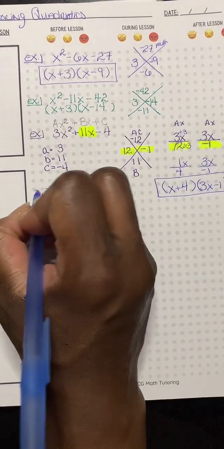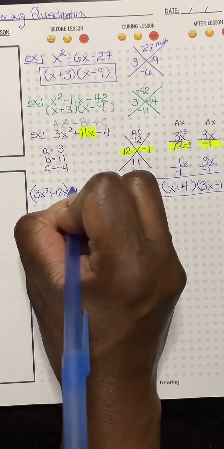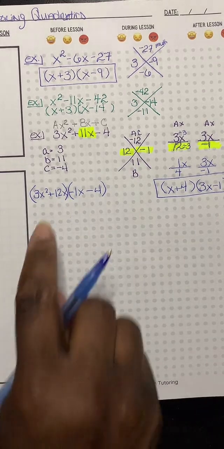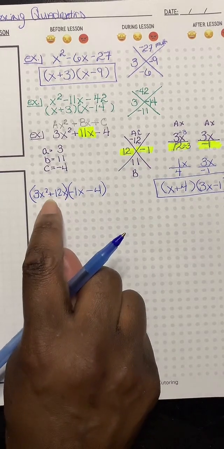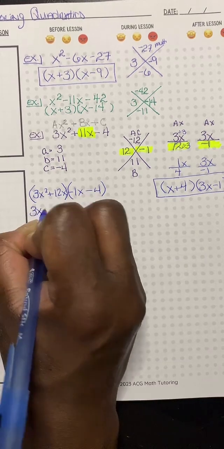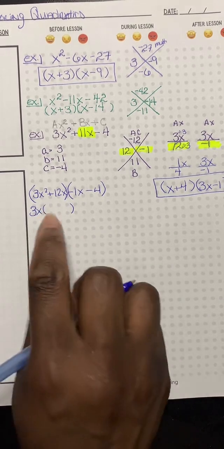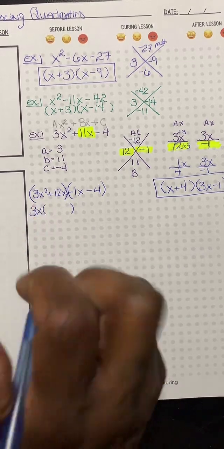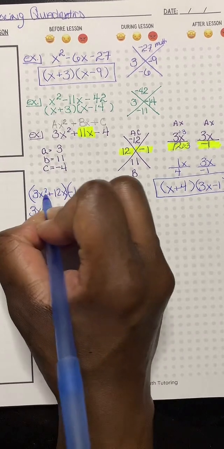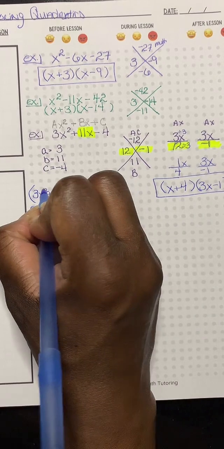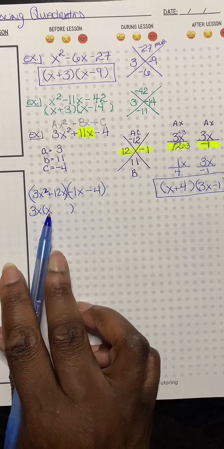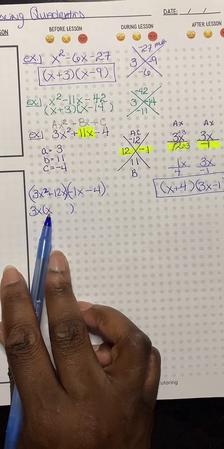Some of you guys, your teacher probably teaches through grouping. So if I look at the greatest common factor of this first parenthesis, it will give me 3x. And if I divide the 3x squared, that will give me x. I have 2 x's up here, I took one of the x's away, that means there's 1 x left.